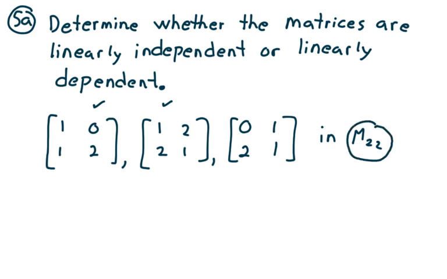So I'm going to take a linear combination of these three matrices and set it equal to the 0 matrix. That's how you show linearly independent or linearly dependent.